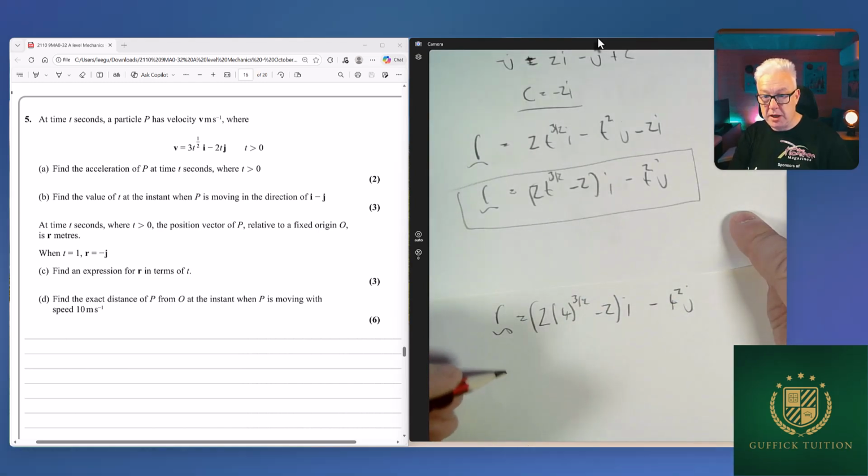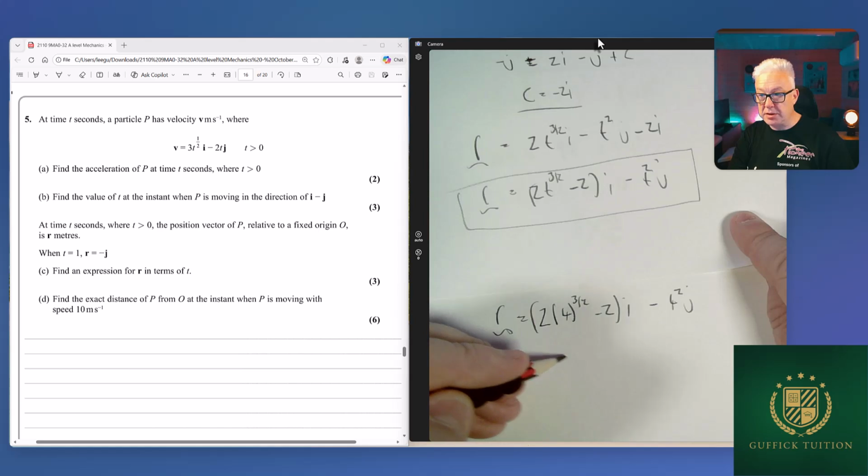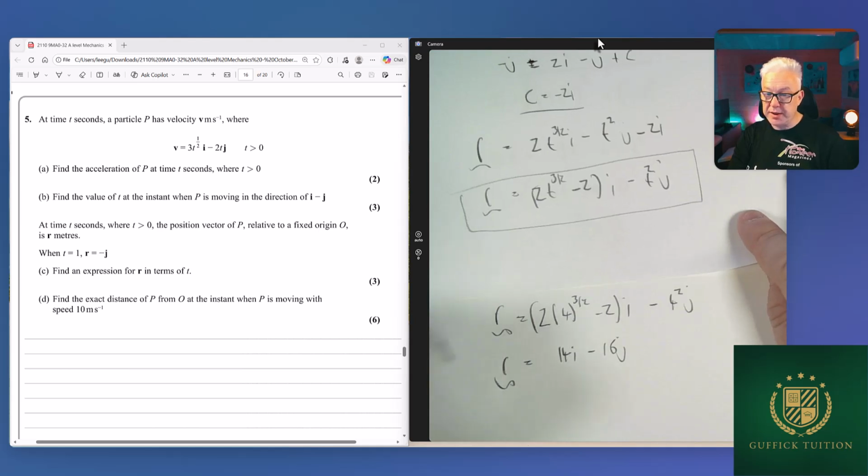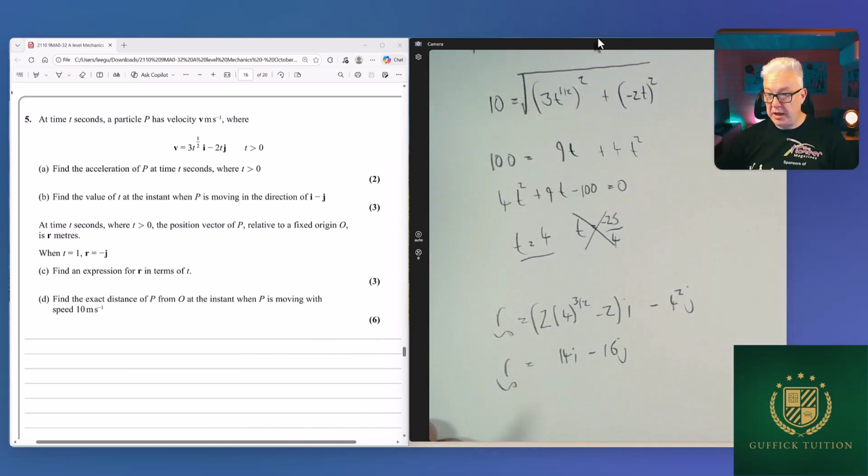Working that out, it turns out to be 14i minus 16j. So that physically is where the particle is at time t equals 4.